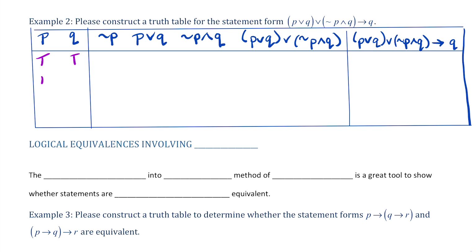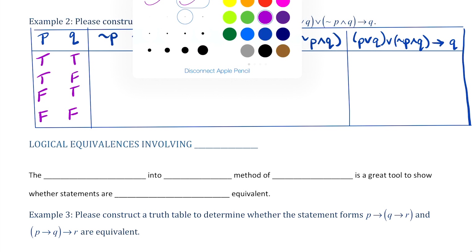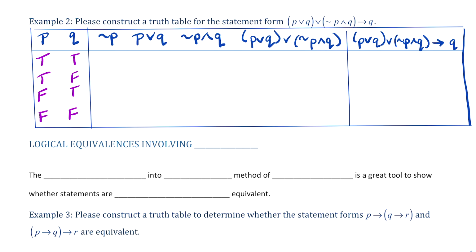All right, so filling in the table, doing our usual stuff. True, true, true, false, false, true, and false, false, just for P and Q. So if that is the case, going on to this next level, if we take a look at not P, then we'll have false, false, true, true going down.